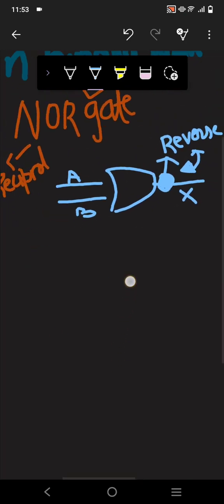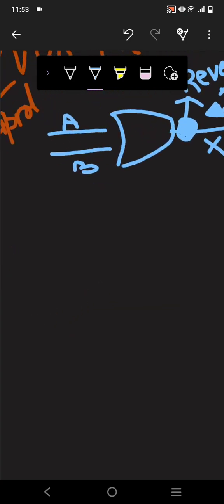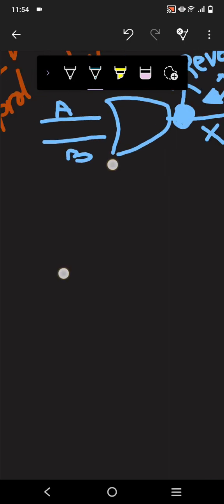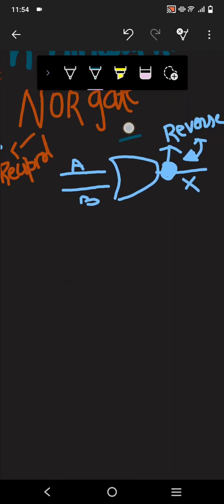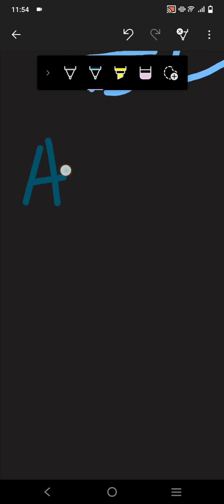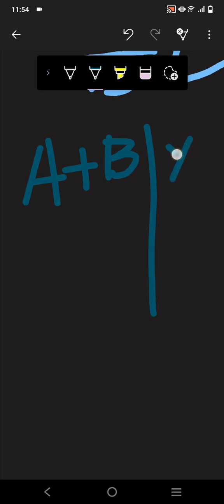So let us find it in the truth table, and this will also work on the principle of plus. So if we take A plus B, X, and here a dash will be coming because of the reciprocal.